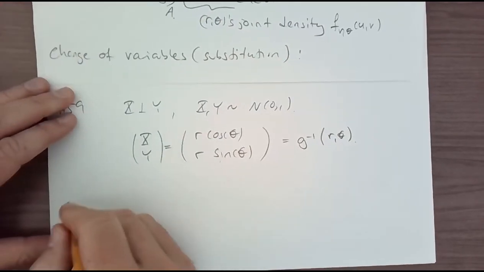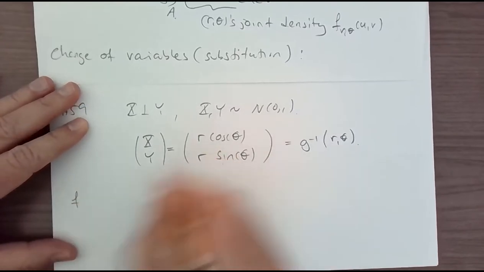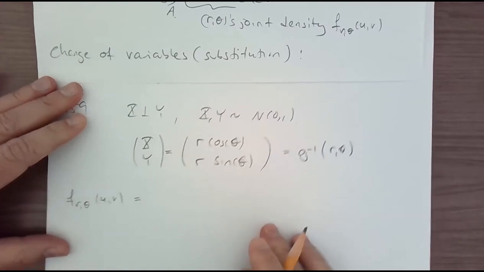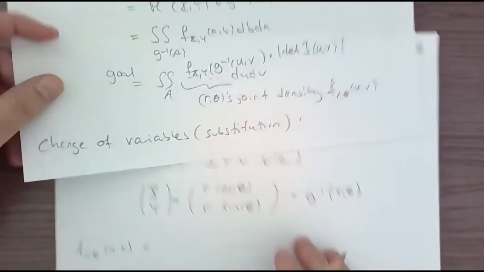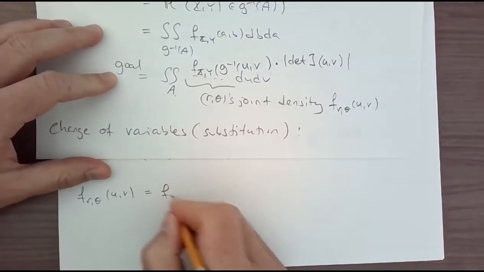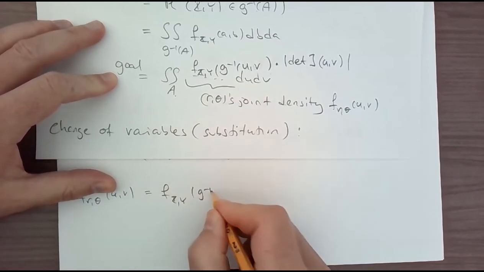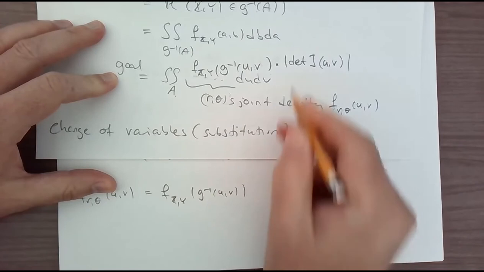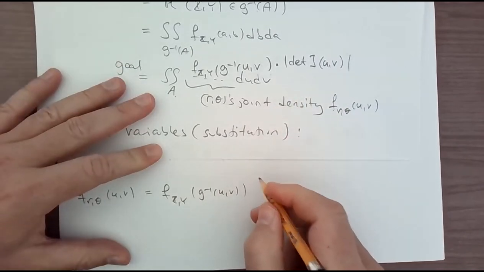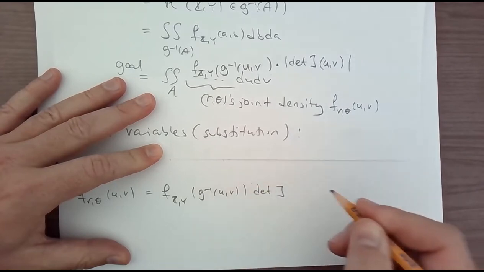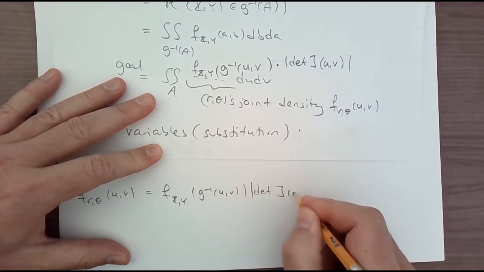The density of (R, Theta), according to what we had here, is going to be f of (X, Y), where you have to put the inverse in, and then you need the determinant of the Jacobian, in absolute value.